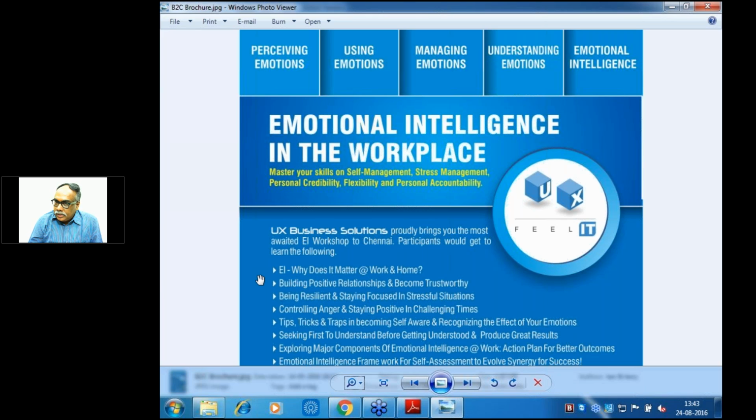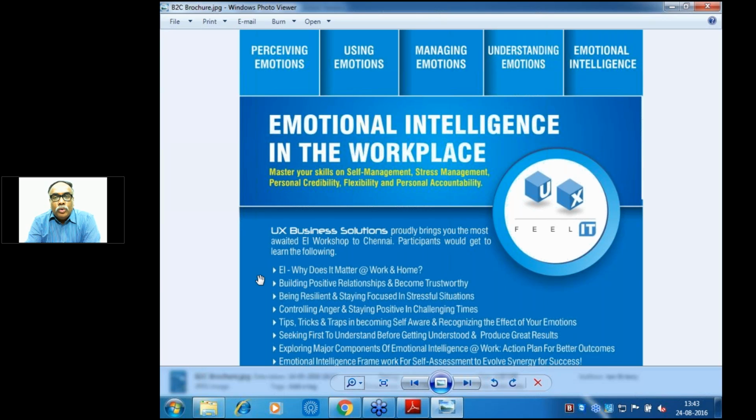First and foremost, I spoke about the 4 quadrants. Being aware of self, and being able to control self. Self-awareness, self-management, and control. The third quadrant, if you remember, is that you have to be socially or professionally aware about others. And the fourth quadrant is relationship management.